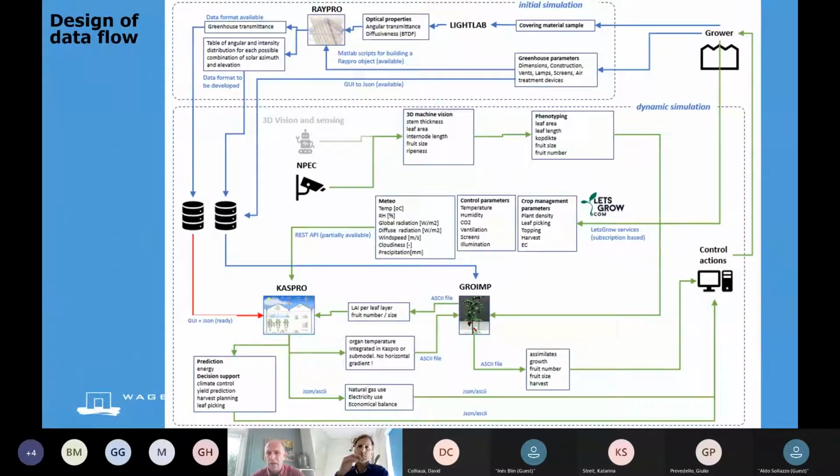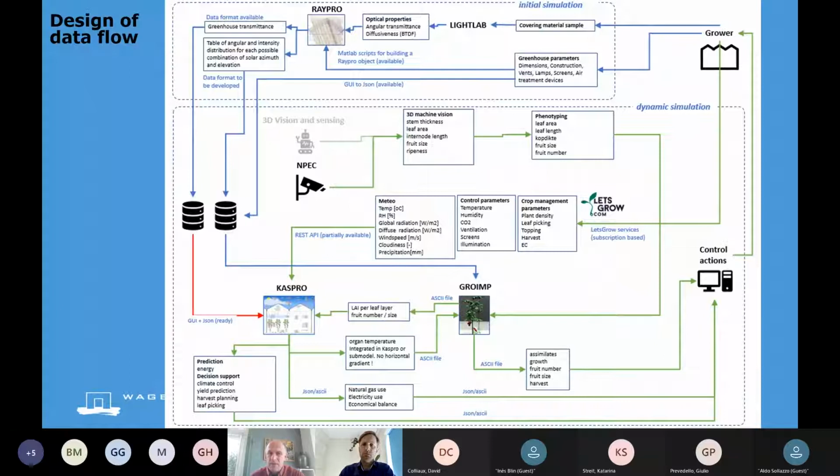You cannot see and read all the details, but if you look at the icons, the figures, you can see the 5 most essential things in our complete design. To the left above, you see RayPro, and that is a model that calculates the intensity and the direction of the rays that come into the greenhouse.